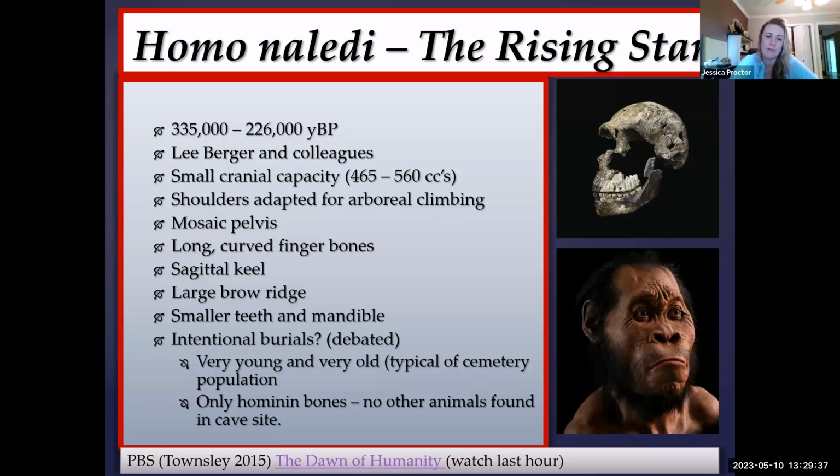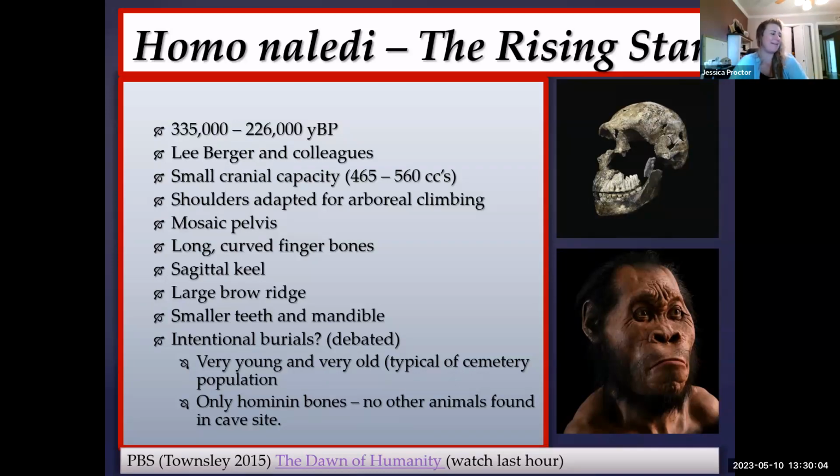The other reason they feel it's an intentional burial is that essentially only hominin bones were found. There were a few bones from an owl, but the vast majority of skeletal material in this cave belonged to Homo naledi. So it doesn't look like a site where carnivores were dragging these hominins in. It looks like this might be an intentional burial site.